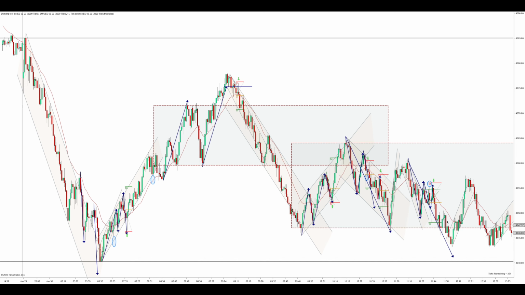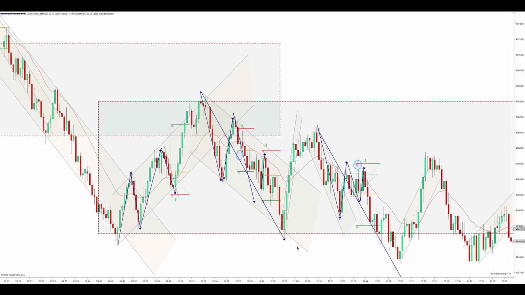But on a big picture, we have this bigger measured move in play, and part of the reasoning for this trade is to complete this bigger measured move. So I just wanted to quickly share that before I forgot to mention it.